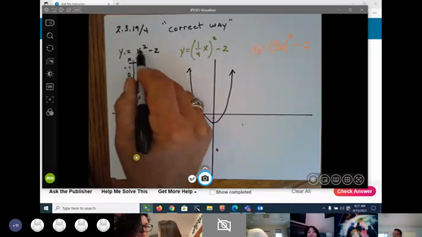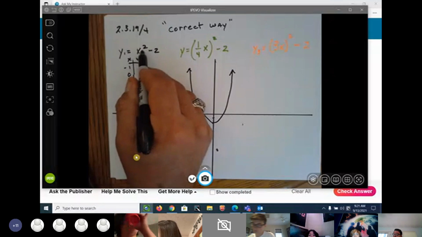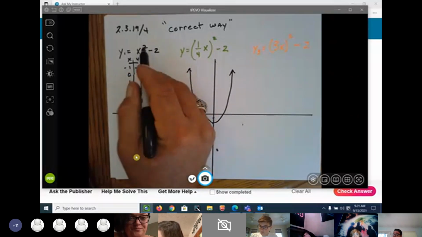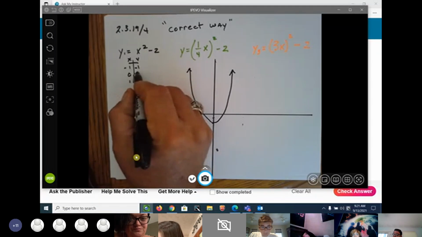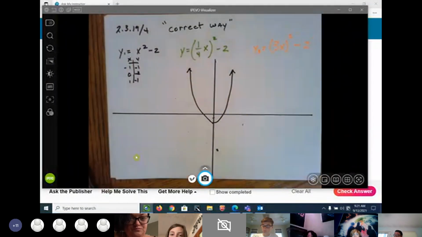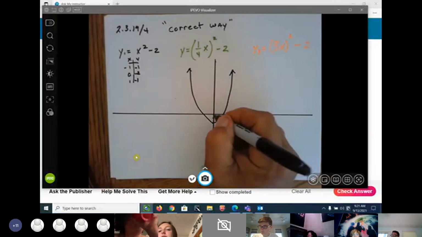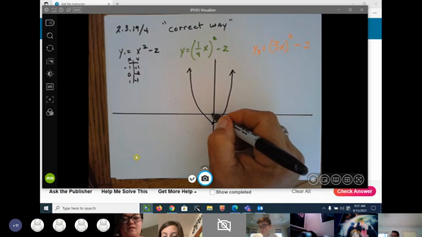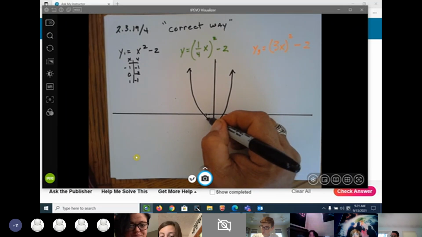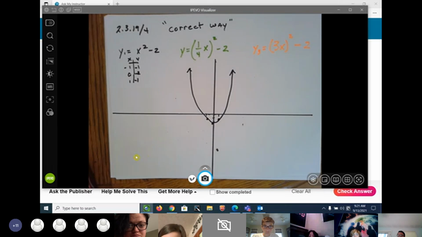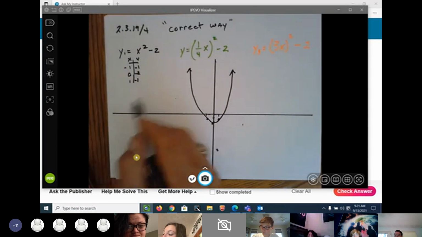So -1 gives +1, minus 2 is -1, 0 minus 2 is -2, and 1 gives -1. There you go. All right, so that's that parabola in black.